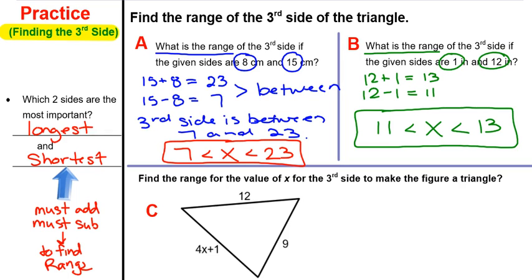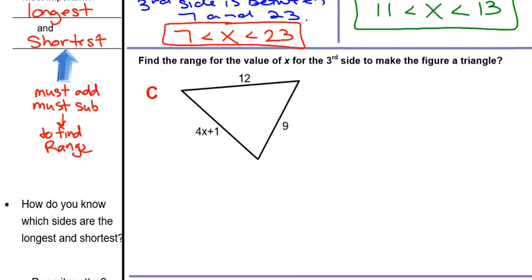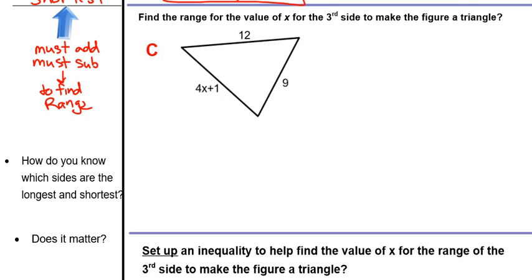Let's move on to our last problem that we have to work out here. For this question, it says, find the range for the value of x for the third side to make a figure a triangle. And in this case, we don't know which numbers are the longest and the shortest.